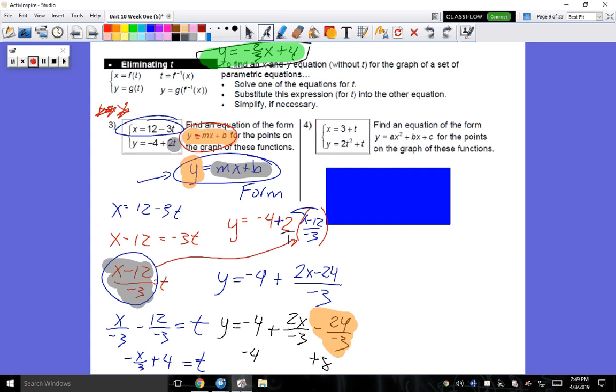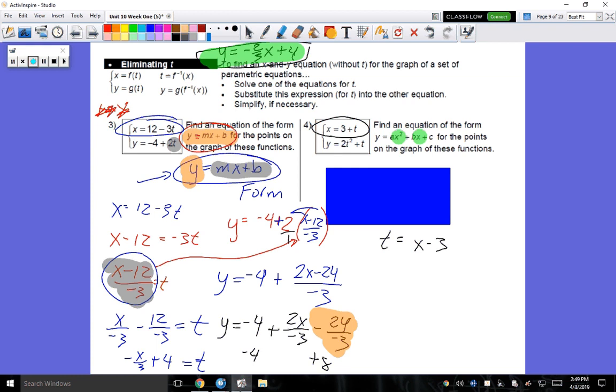It says find an equation of the form, and you see this now is quadratic. But we're going to do the same thing. We're going to solve for t so that from this x parametric function, t is going to be x minus 3. All I did was get t by itself from x.